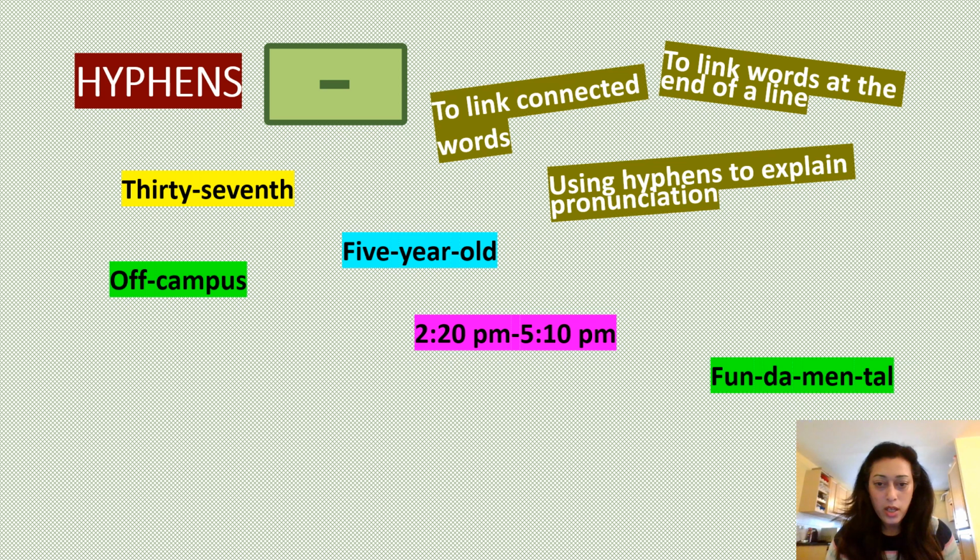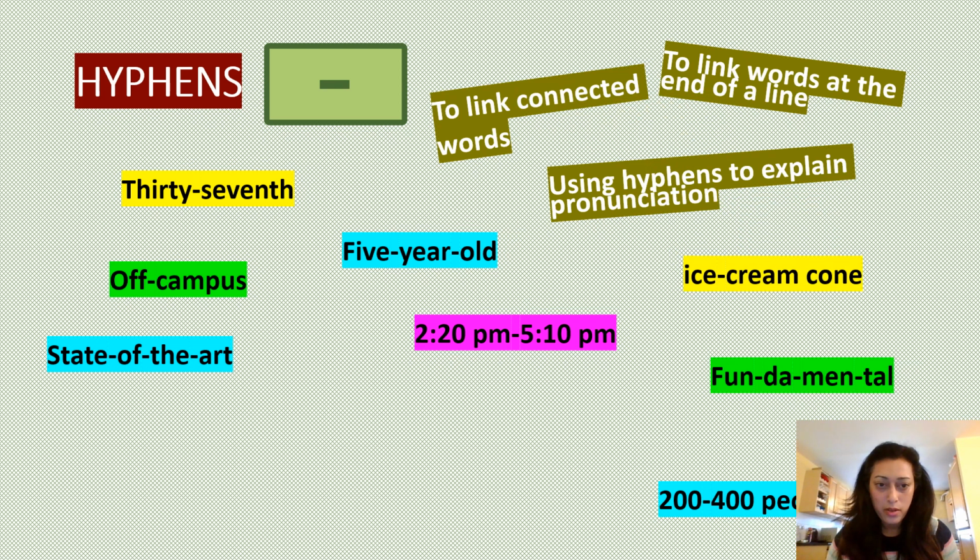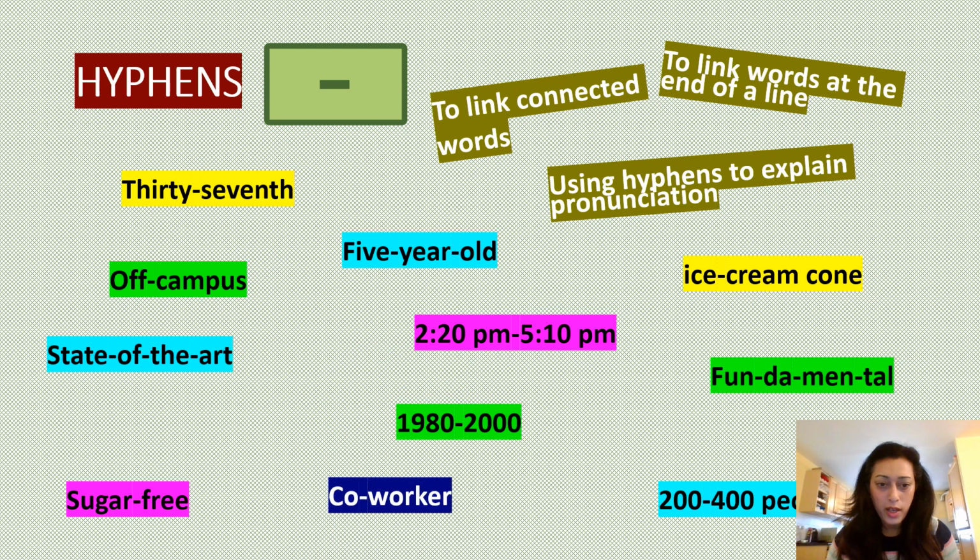So I've just penned down a couple of words here which we generally use with hyphens, like 37th, 5-year-old, ice-cream cone, off-campus, state-of-the-art, 2:20 p.m. to 5:10 p.m. Fundamental, because if I'm cutting the syllables, 200 to 400 people, 1980-2000, co-worker, sugar-free, well-designed.